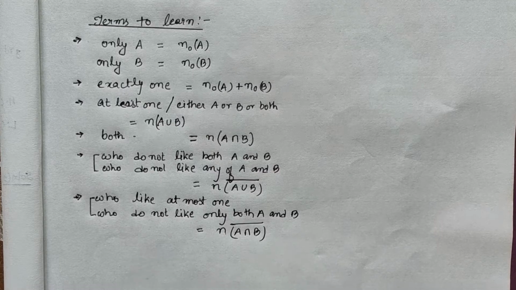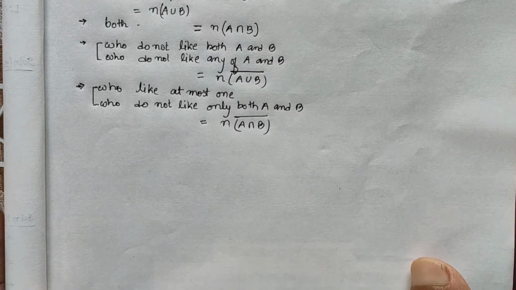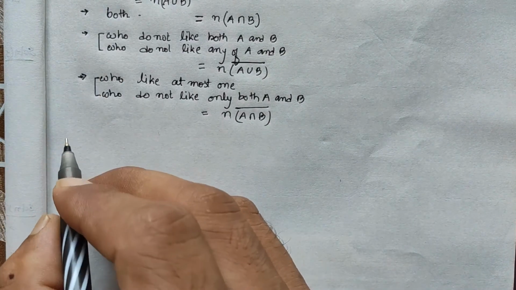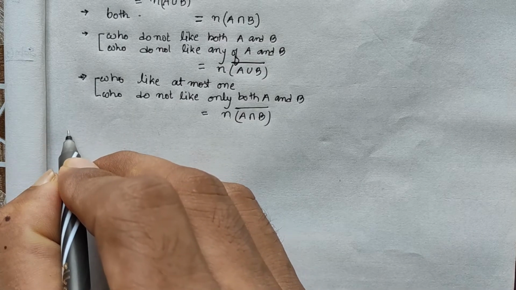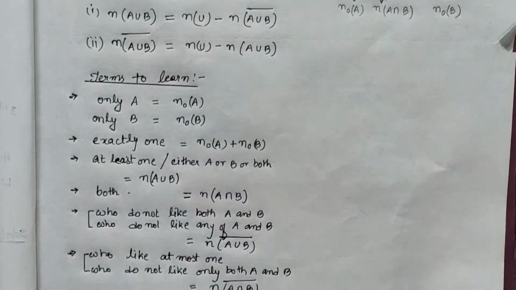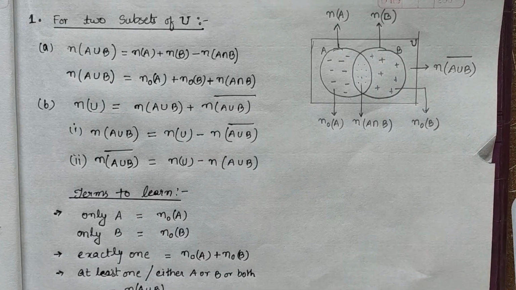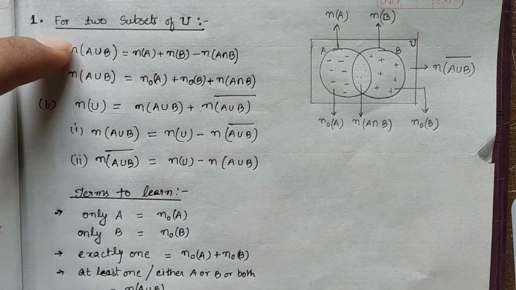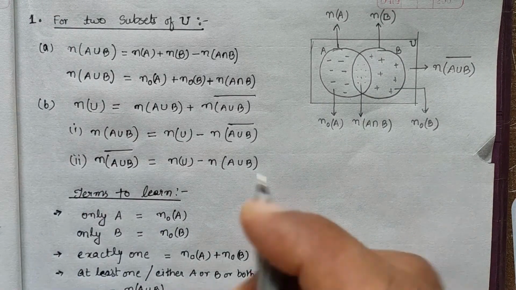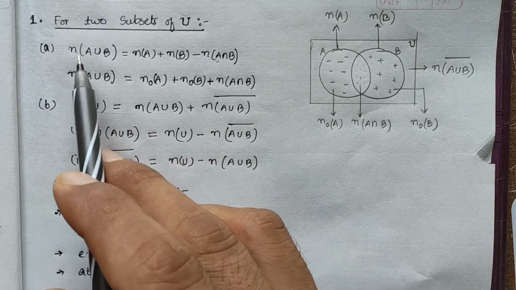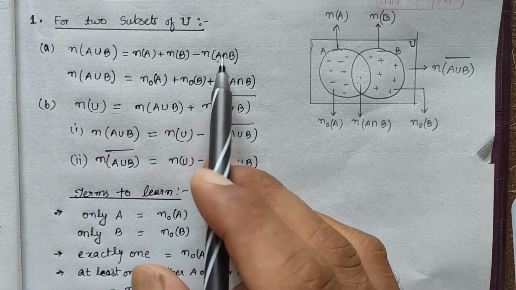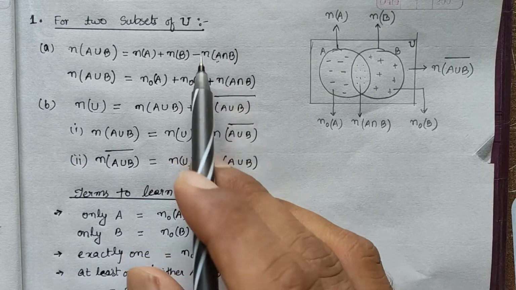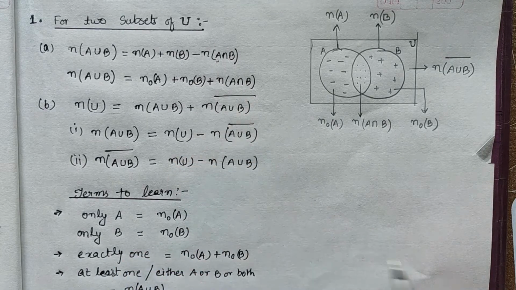Okay, so now we will move on to three subsets. These are the rules for two subsets, and we can derive other rules from here. For intersection, if you take intersection on this side and union on this side, then from this formula you can get the formula for intersection also.